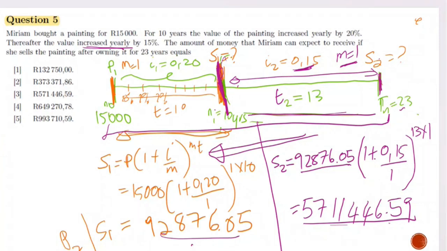All right. 92,876.05 plus 571,1446.59. 580. Okay. There is no answer which would have made you happy, good, you've got the correct answer, whereby you add this and that.